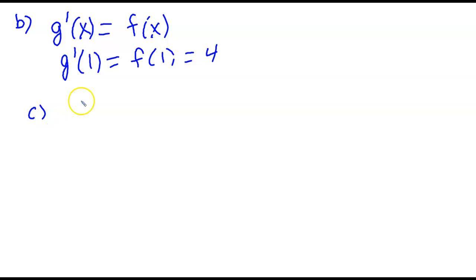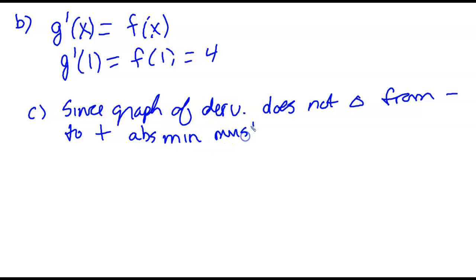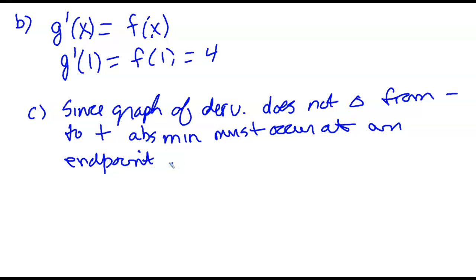We could say, since the graph of the derivative does not change from negative to positive, the absolute min must occur at an endpoint. We evaluated those endpoints in part A, and we do have an absolute min at g of -2, which worked out to be -6.